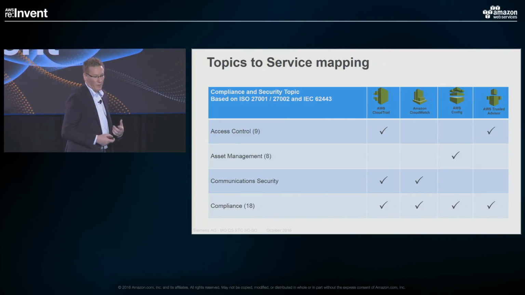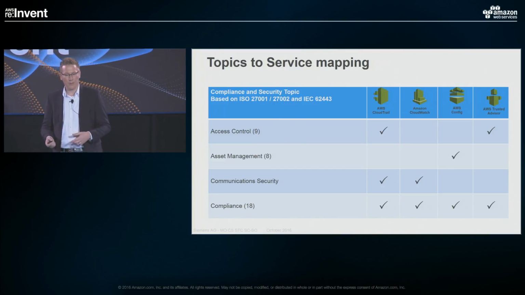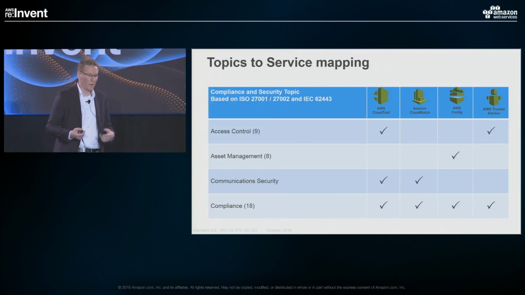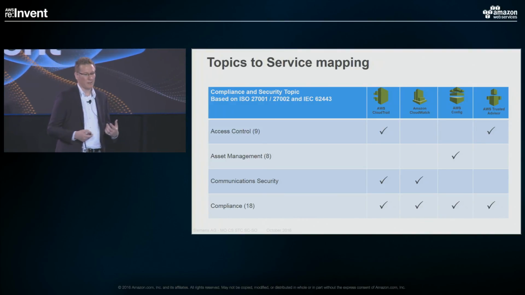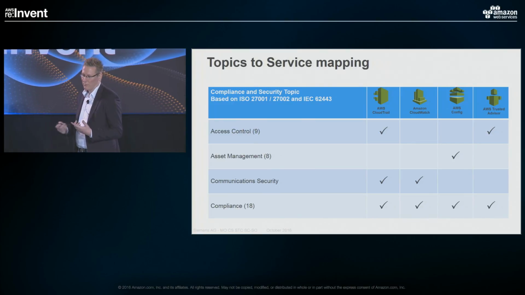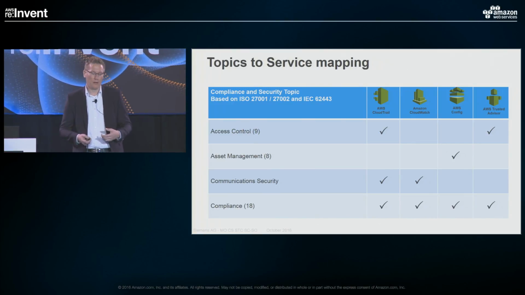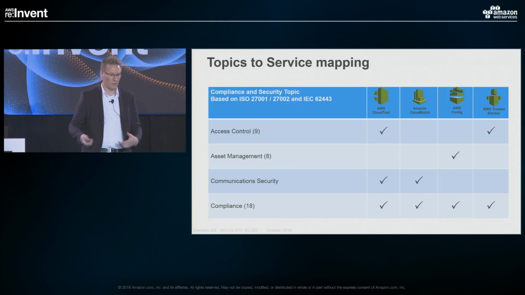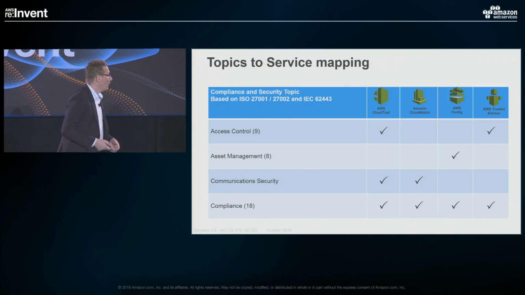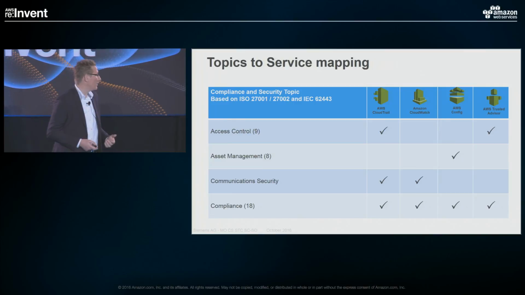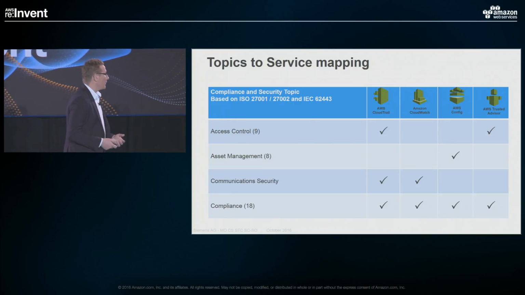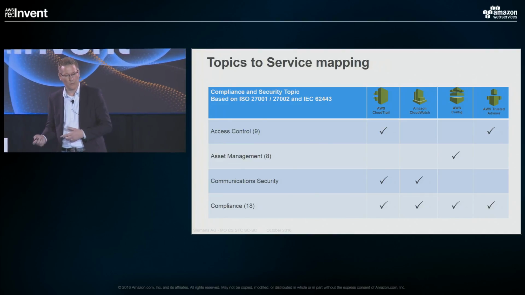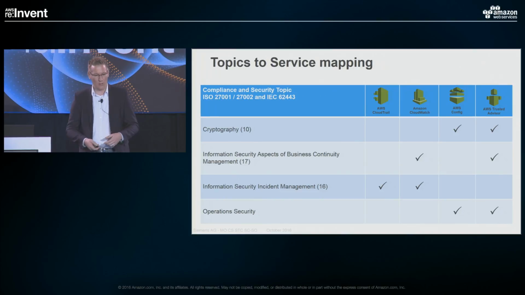And we're doing this with AWS CloudTrail on the one side, and the Trusted Advisor activated by default and reporting to the owner of the accounts, so that he has an easy and understandable way to have a look at what's going on in his accounts, and he could have the overview of it. Then there's asset management and the communication security stuff, also the compliance, where we use all the tools to do the automation things and to do the governance on the account.